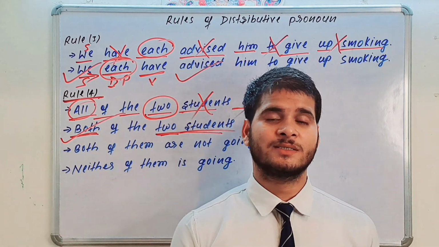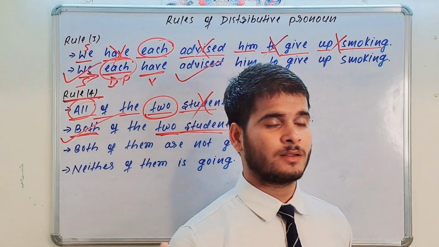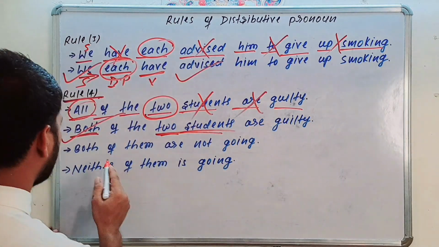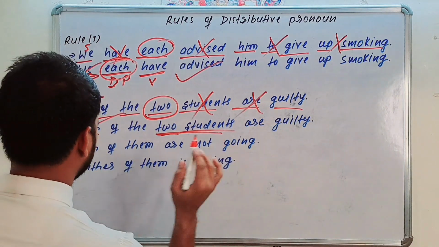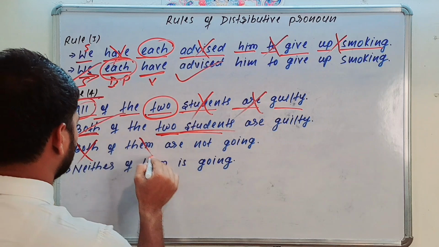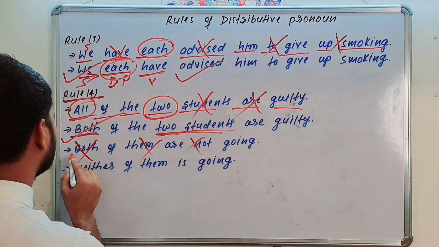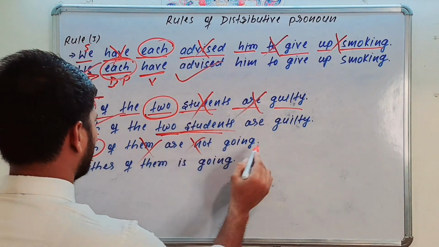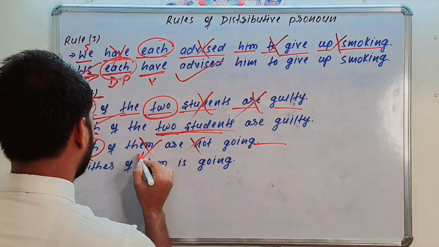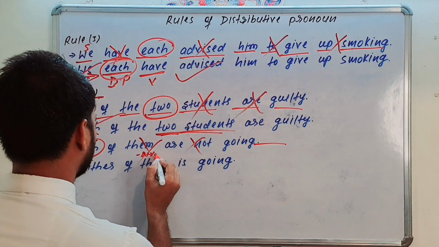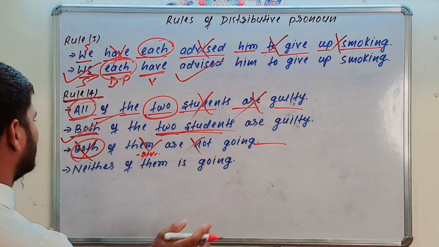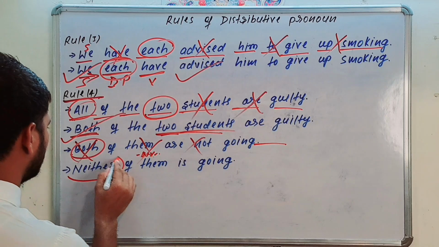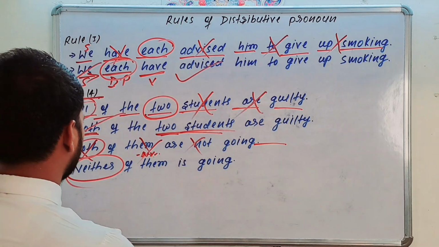For negative sentences, we use neither. Both of them are not going is a wrong sentence. Don't use both for a negative sentence. Use neither: Neither of them is going.